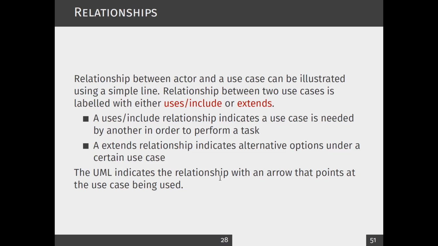The first one, the uses or includes relationship, says that the use case is needed by another to perform a particular task. So when you say uses or includes, that means it is needed by another, right? The second one we call extends. Now, extends means some alternative options, right? Some alternative options.